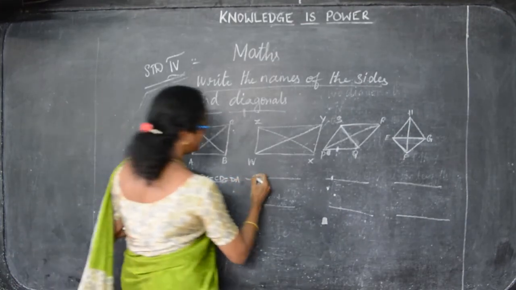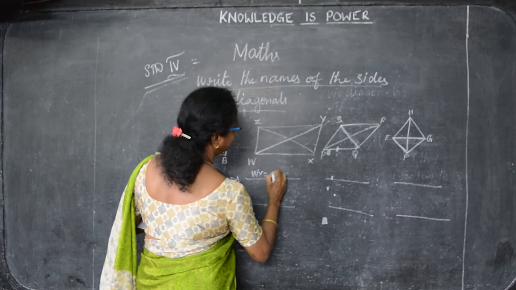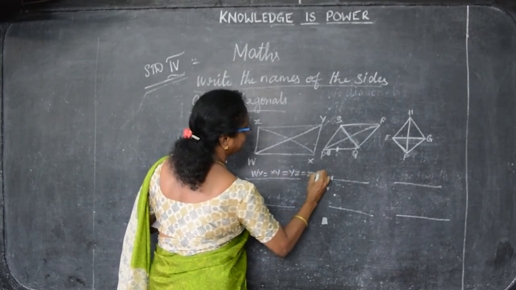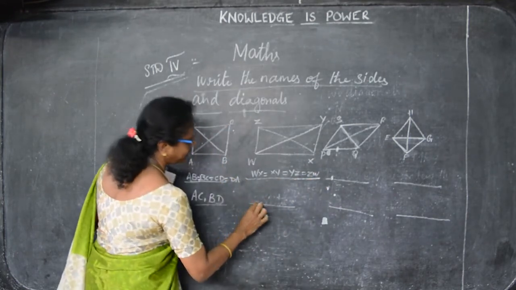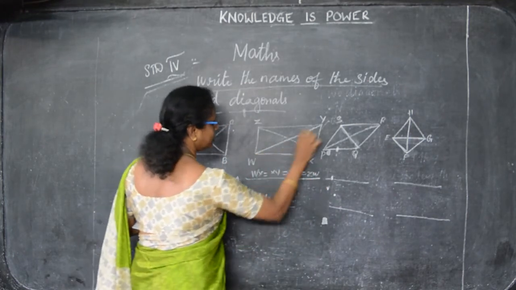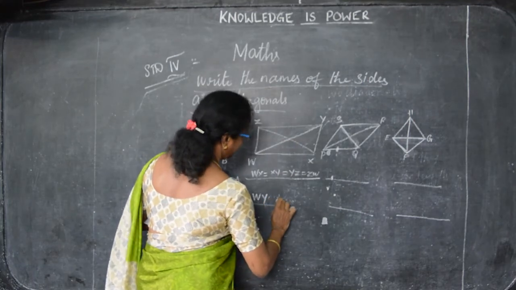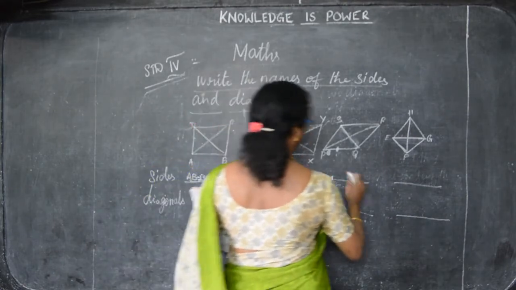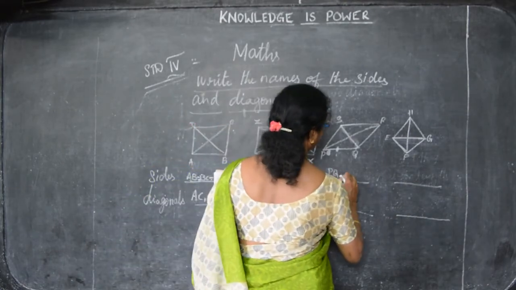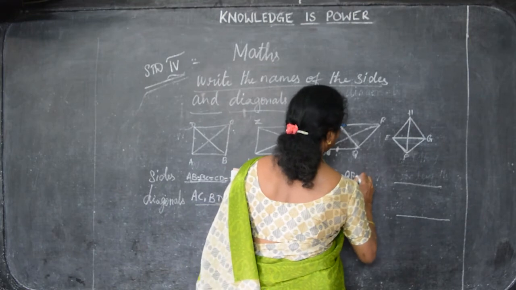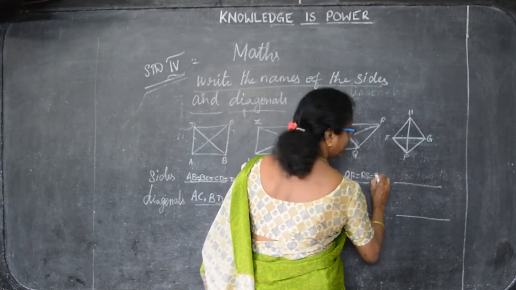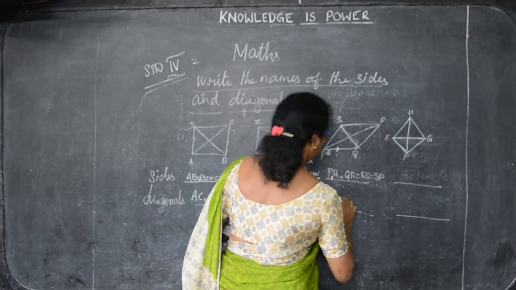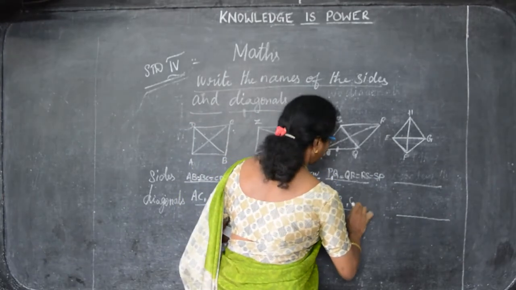And in this picture, WX equals XY equals YZ equals ZW, and the diagonals are WY and XZ. And here, PQ equals QR equals RS equals SP, and the diagonals are PR and QS.